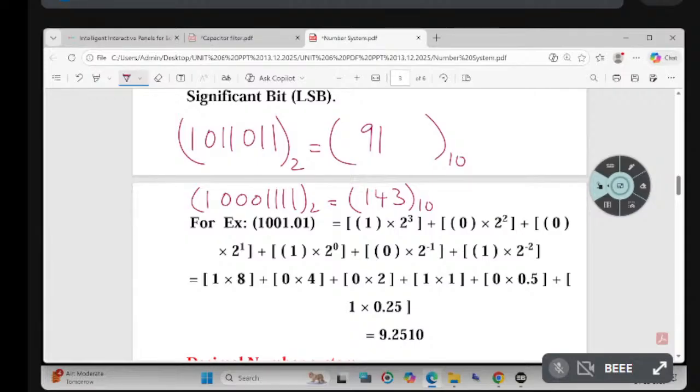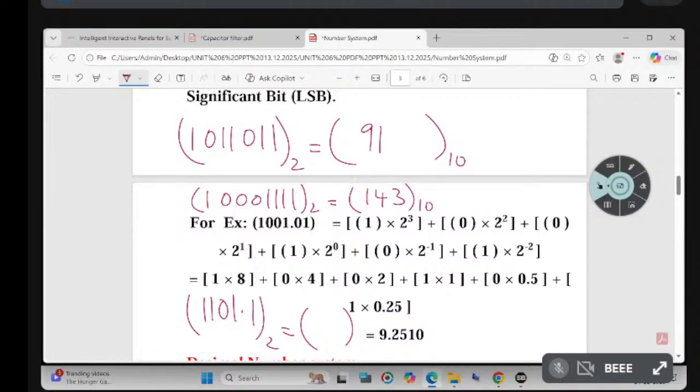Next, third one. 1101.1, decimal point. 1101.1 base 2. Apply this one.